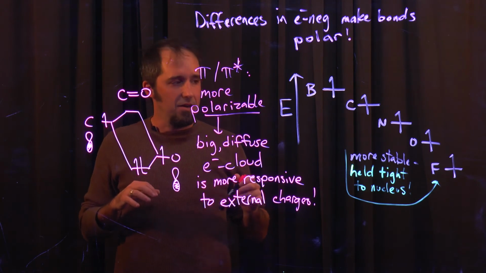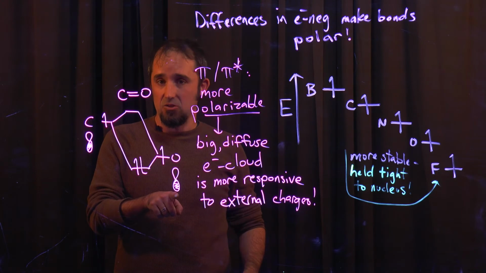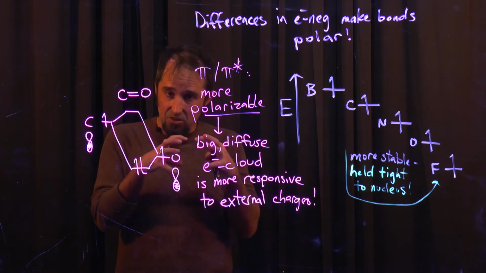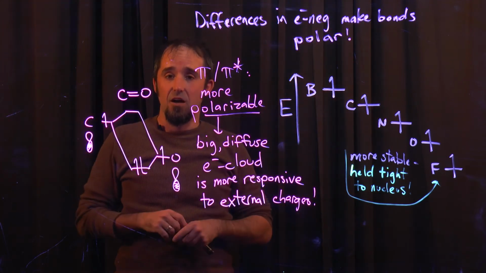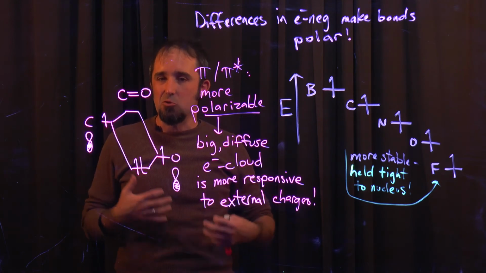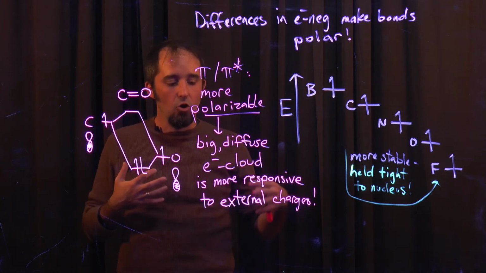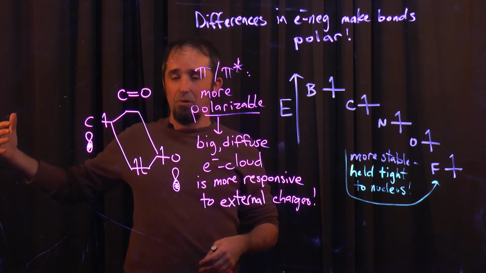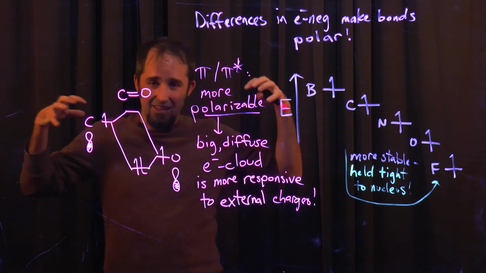But other atoms are more polarizable, particularly when we talk about p electrons, right? It's not like an s electron that's more concentrated at the nucleus. These p electrons are very diffuse and spread out. And so they're going to be more polarizable. Big diffuse electron cloud, more responsive to external charges. So if it feels some positive charge, it's going to flow to that more efficiently than something that's tight and not polarizable.